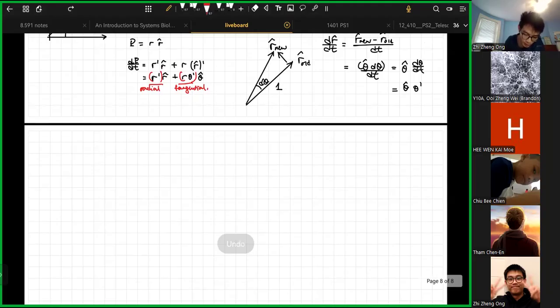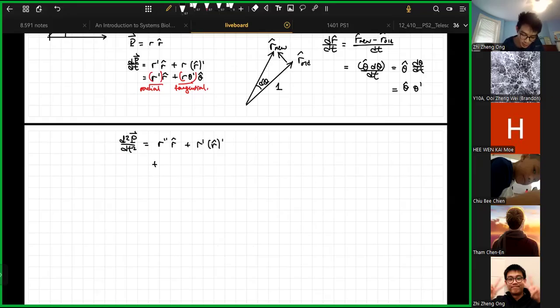So, d squared r/dt squared. It's just going to be a time derivative of that. So let's apply the product rule again. The product rule says that it's going to be r prime prime r hat plus r prime r hat prime. So that's the first term.